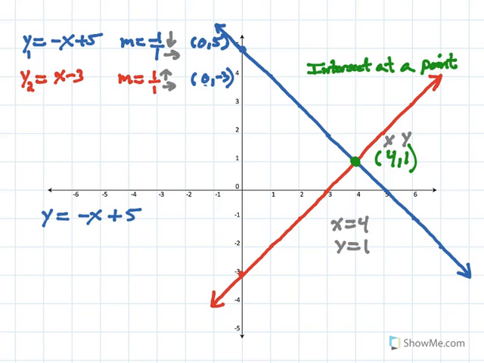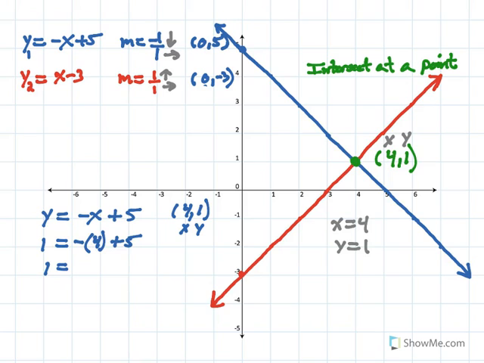So remember, if our point is 4 comma 1, then let's check it. This is my x and this is my y. So y is going to be 1, and then we're plugging in 4 for x. We're going to use parentheses to separate that minus sign.